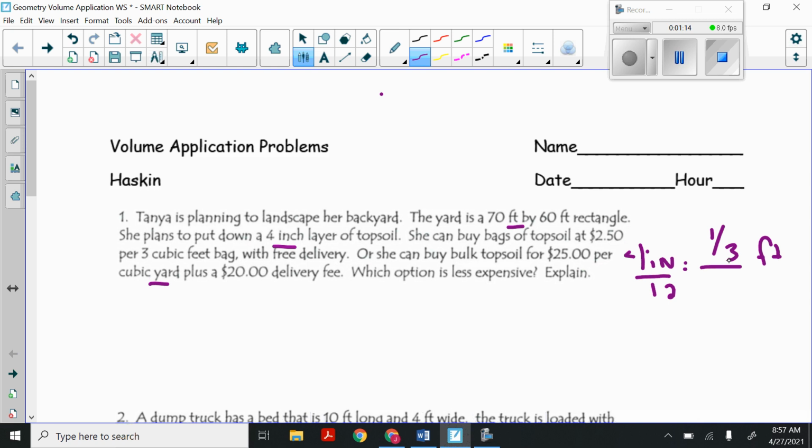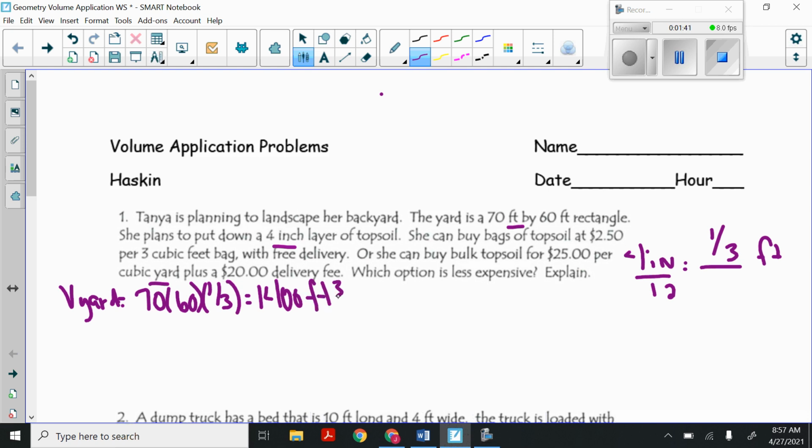So first, we find the volume of her yard. It's a rectangular prism. So again, remember the volume of a rectangular prism is length times width times height. So 70 times 60 times 1/3, so that we're all in the same units. When we multiply all of that together, we get 1,400 cubic feet. So the yard is 1,400 cubic feet.